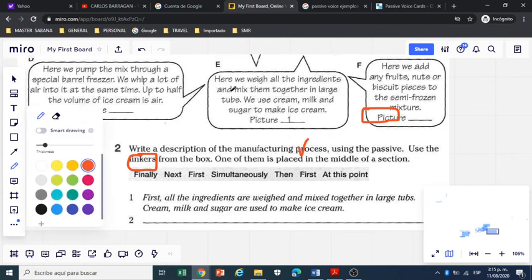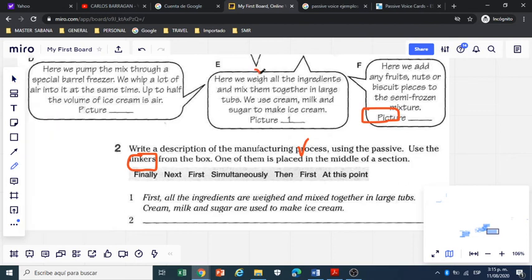The verbs in the sentence: this is the subject. We weigh all the ingredients and mix them together in large tubs. We use, this is a verb, to make ice cream. So this is active voice, and we are going to transform the text into passive voice.